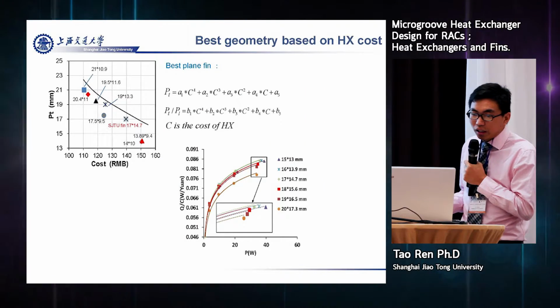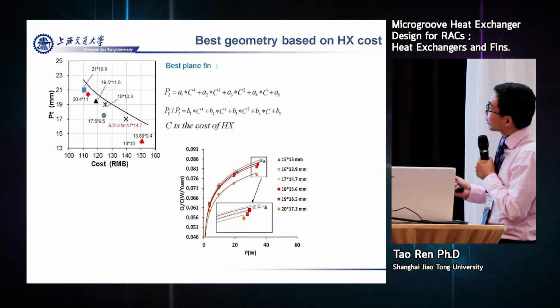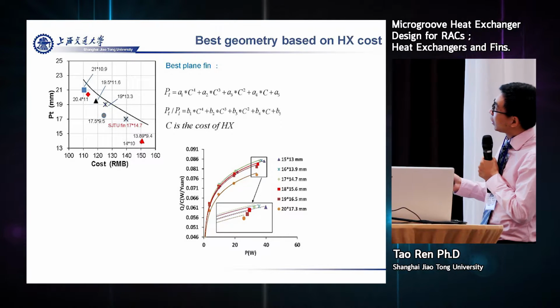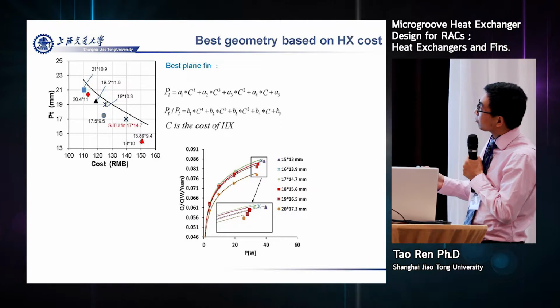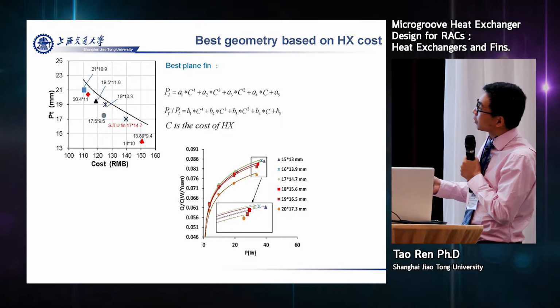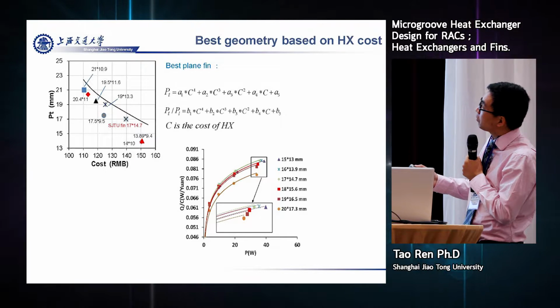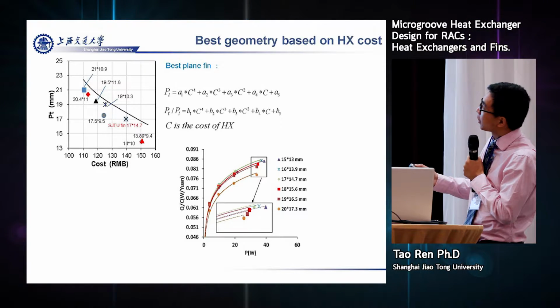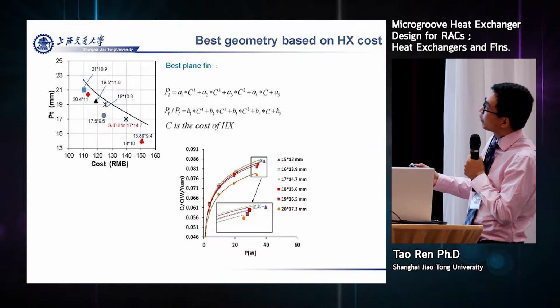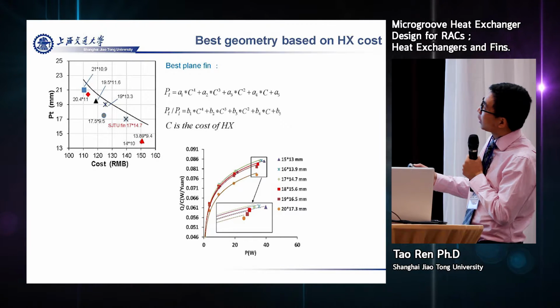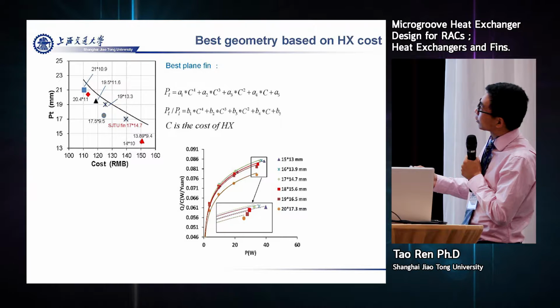These are the correlations we got between the cost and the PT. We can see that when we want to invest less, PT is large. It even goes to 23, and then gradually goes down.